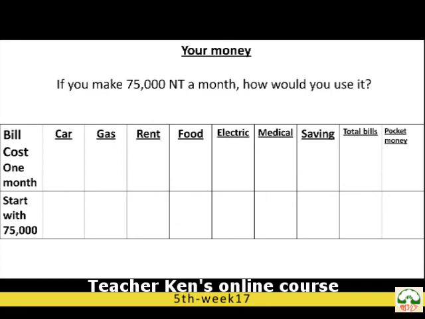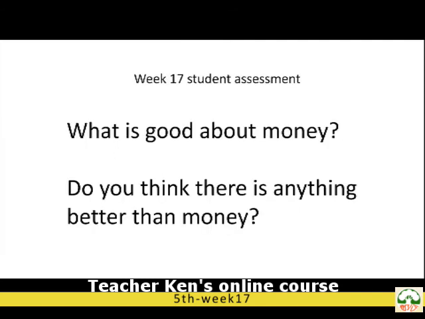I want you to think about how much money it costs you and how much money you have left over. That is one way to think about financial management, what you do with your money. Then you understand what your responsibilities are to yourself as a grown person. Just think about those ideas, all right?